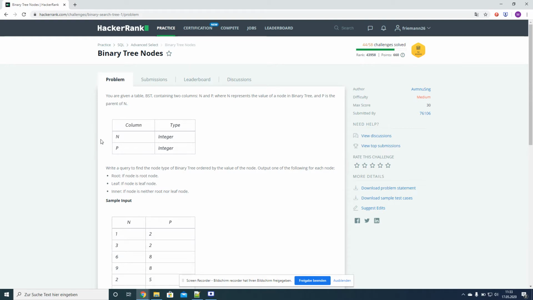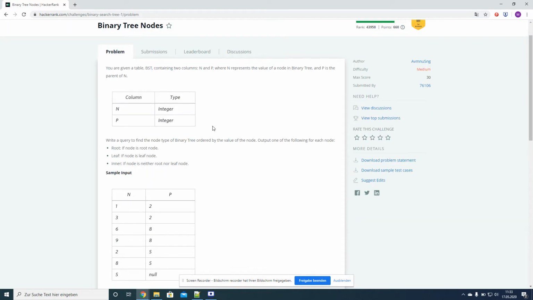You are given a table BST containing two columns n and p, where n represents the value of a node in binary tree and p is the parent of n.